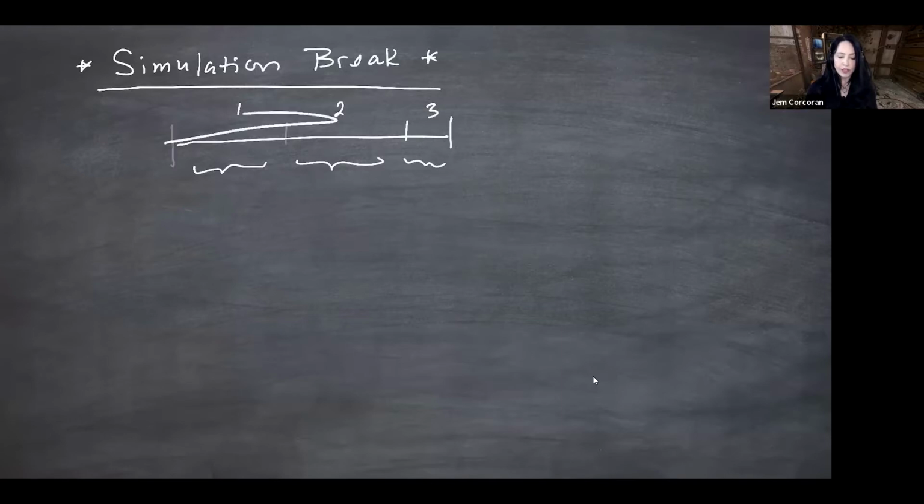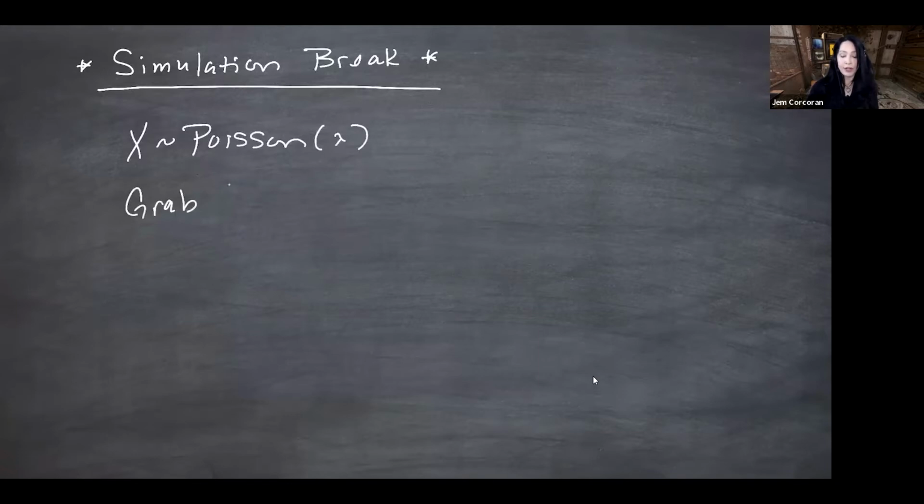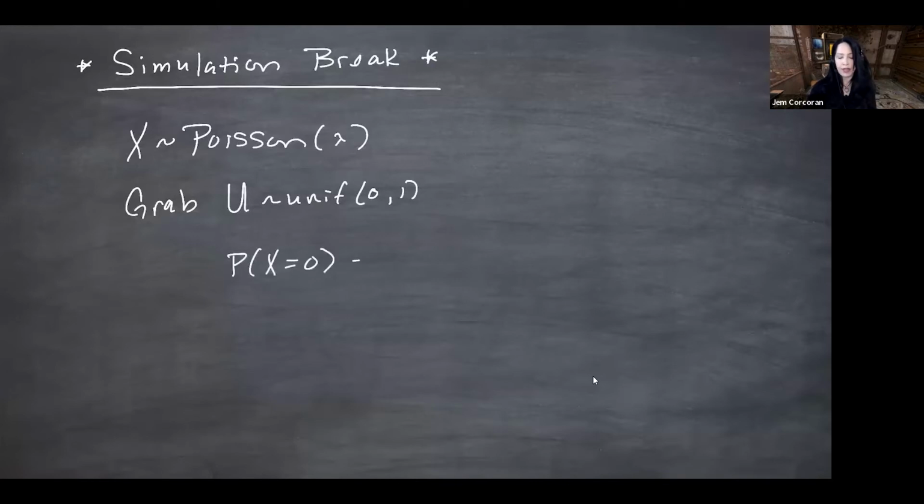So if you were simulating a Poisson, if you had X Poisson with parameter lambda, then I would grab out of my random number generator a U that is uniformly distributed between 0 and 1. And I would look at the probability that X equals 0, and that is e to the minus lambda. And I'm going to call this P0.